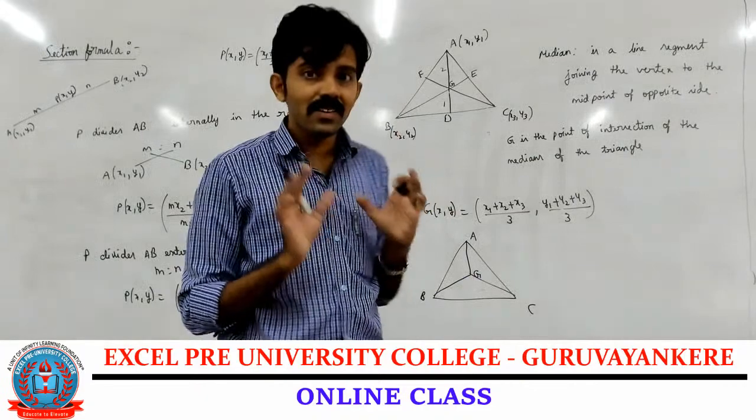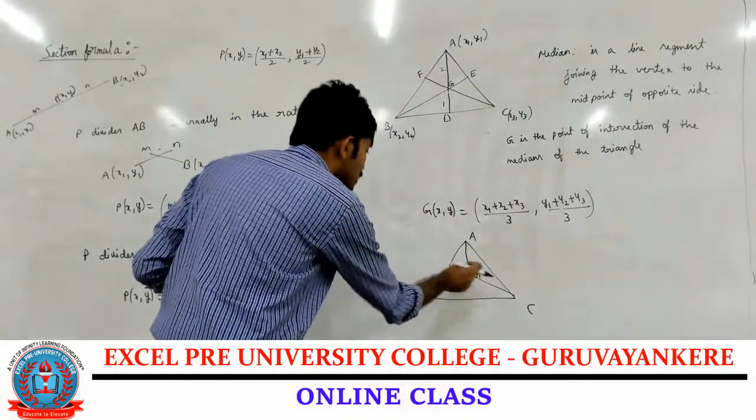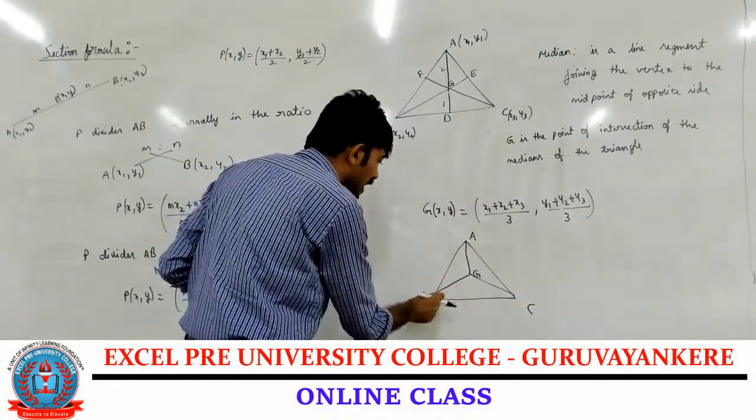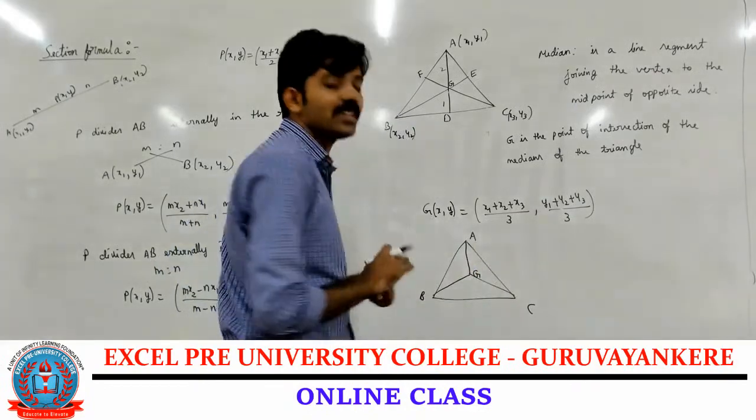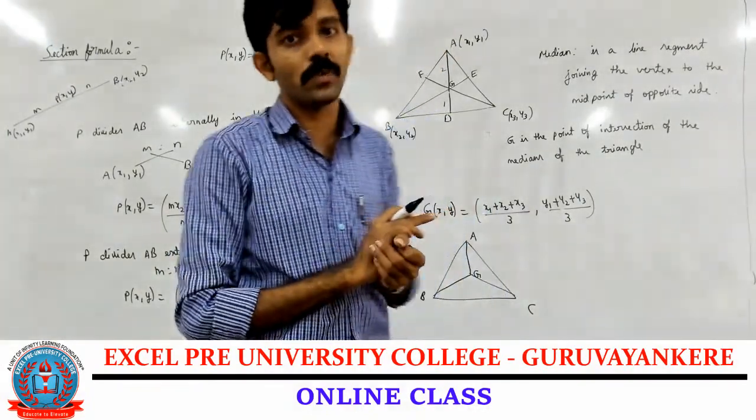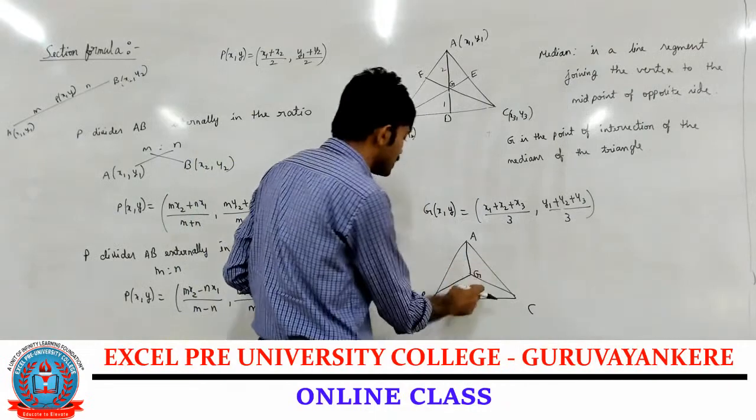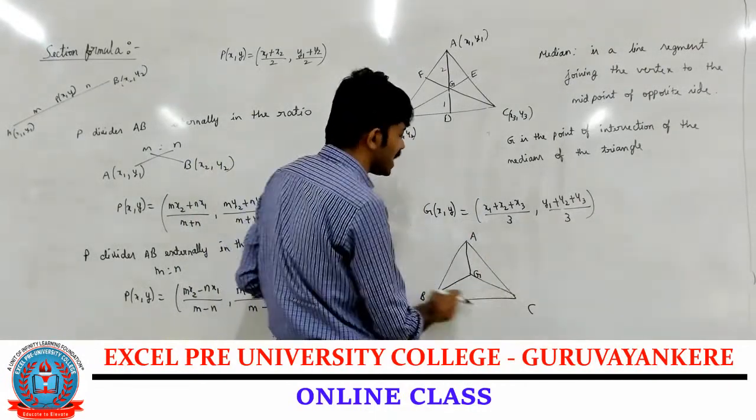In that case, we have area of triangle GAB is equal to area of triangle GBC equal to area of triangle GAC. All the three areas are equal. Okay. If you take the sum of these three areas, we get the area of the triangle ABC.